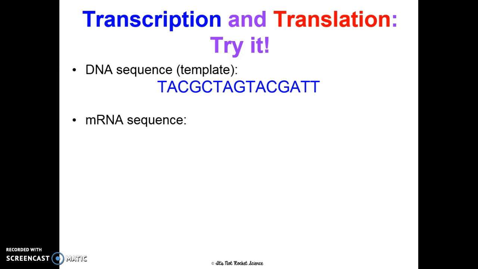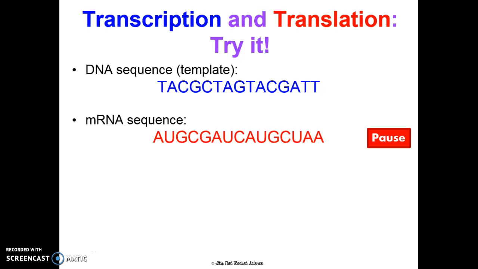Go ahead and try and get our mRNA sequence from this one. Hopefully it looks something like this. Now, from here, we have to create our codons. Remember, codons are triplets. They're sets of 3 nucleotides along the mRNA. So see if you can separate that mRNA sequence into codons.